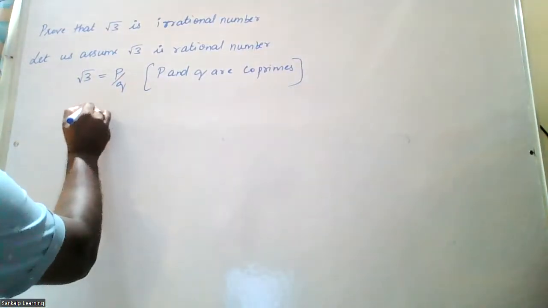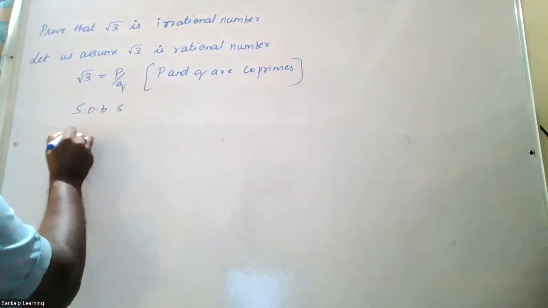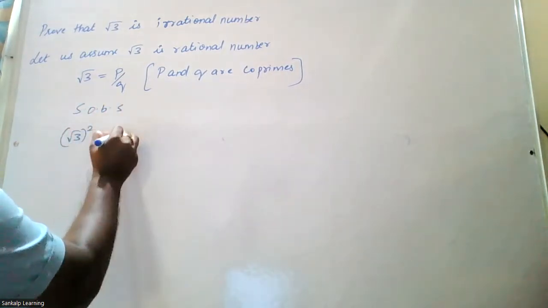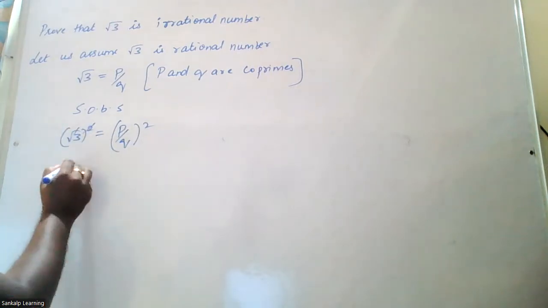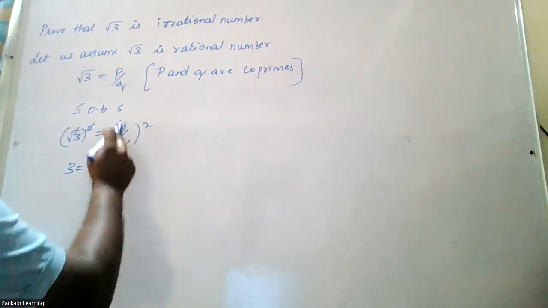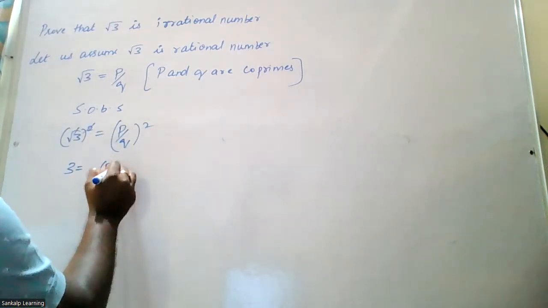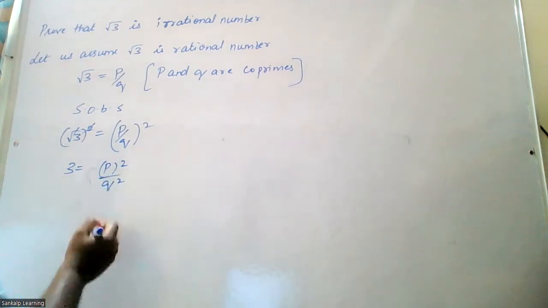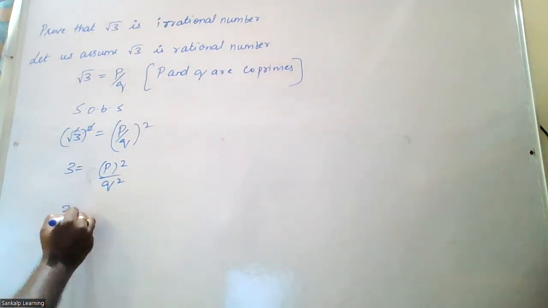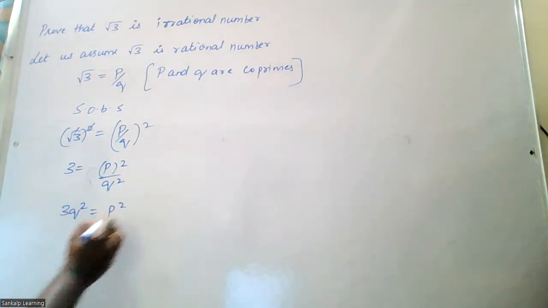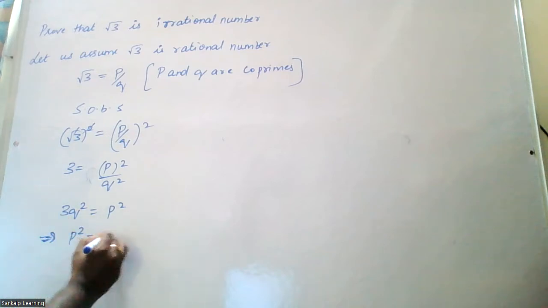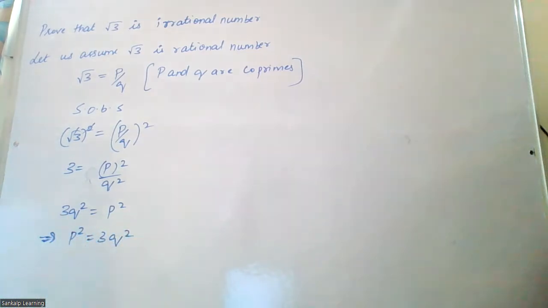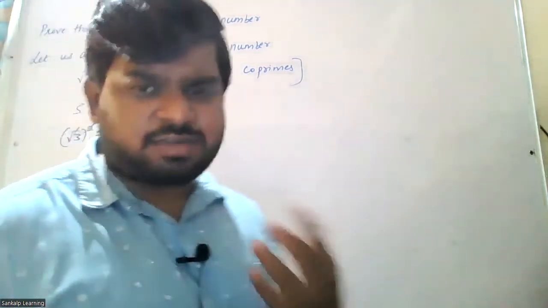So let me square it on both sides. So what do we get? Root 3 the whole square is equal to p by q the whole square. So square and root get cancelled. 3 is equal to, since the things are in division, I can split the powers, p square by q square. Cross multiply, we get 3q square is equal to p square, which implies p square is equal to 3q square. Now observe, this p square is a number. It is some value.